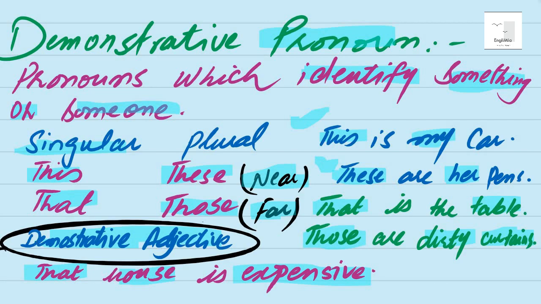So that house is expensive means that you are telling the quality of the house. So here we have used expensive to describe the quality of house, because we have learned that demonstrative means to identify something. It means that this house is different than the other because it is expensive.